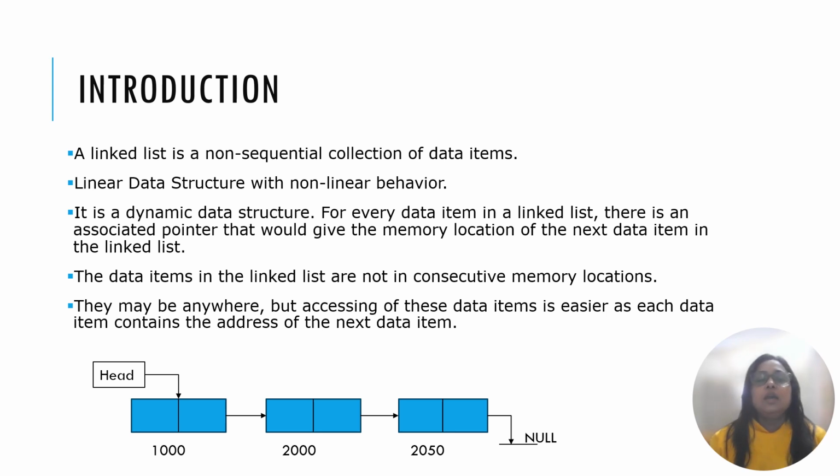As we know, in array data must be stored in consecutive locations. Consecutive locations means, suppose I define one integer array, so obviously integer data elements will be stored. And suppose one integer takes 4 bytes. If the base address, or the first address of the array, index 0, is 1000, then the address of array index 1 will be 1004, and the next will be 1008, and in this way.